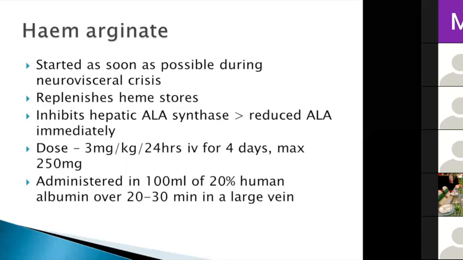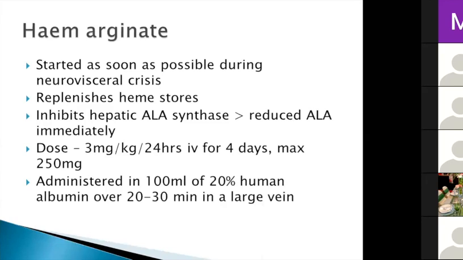Some studies say it needs to be started as soon as possible during a neurovisceral crisis. So it replenishes heme stores. It also inhibits hepatic aminolevulinic acid synthase, leading to reduced ALA immediately. The dose is 3 milligrams per kg per day IV infusion, and it needs to be given for 4 days.